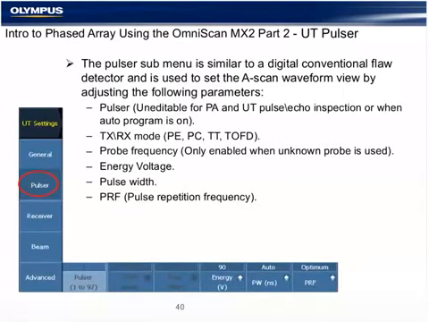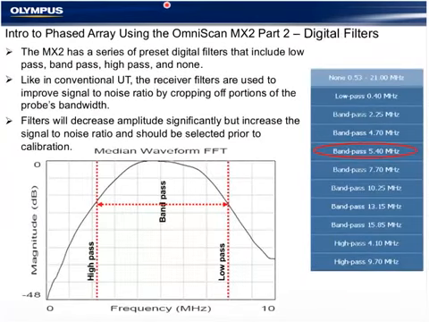Under the pulsar of the UT settings, we're going to select either a high or low energy depending on the size of the elements and best results. We'll select a frequency for the bandpass filter. If you receive your probes from the factory, you should take a look at the frequency bandwidth.